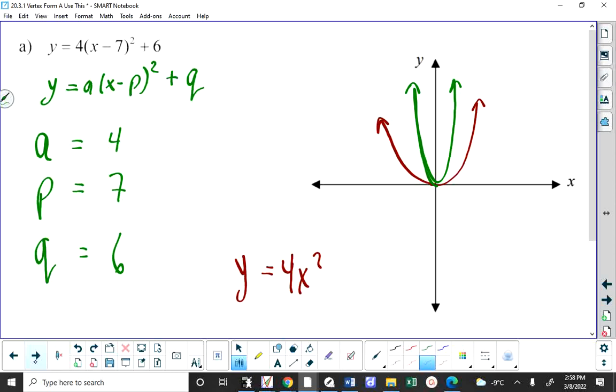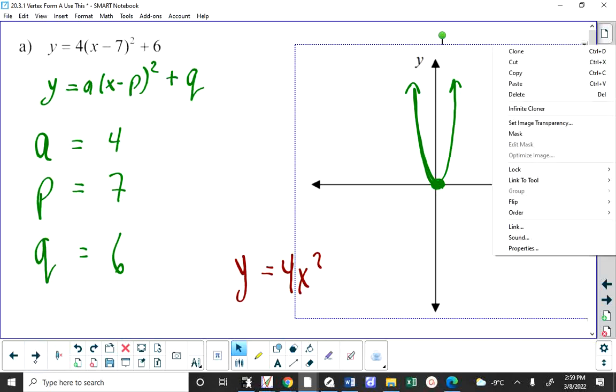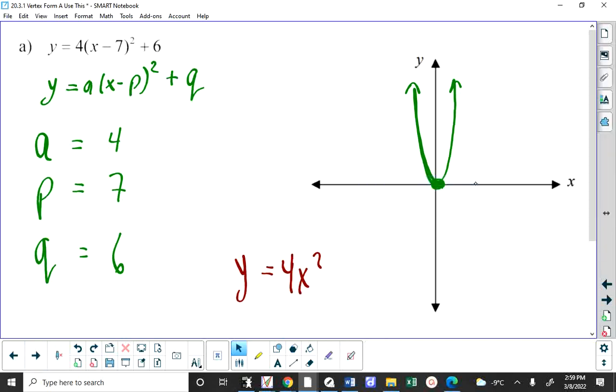Okay. Look at where the vertex is right now. The vertex is at (0, 0). This is just for reference. Next question. Again, you're not necessarily graphing this. Grace, will this graph shift up or down?